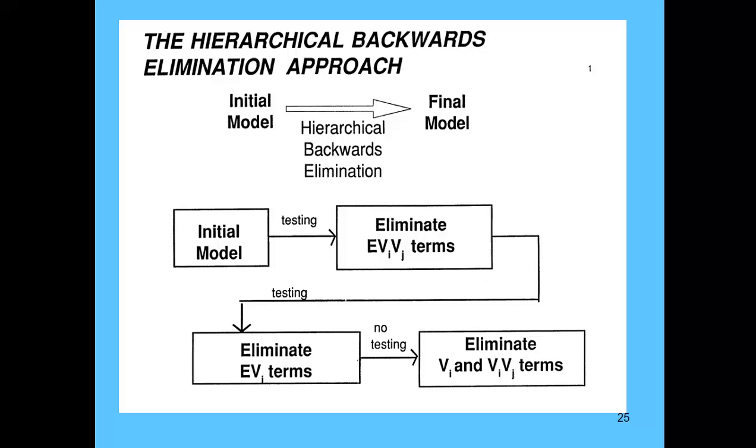So we start with the initial model, and if the initial model has terms as complicated as EVi, EVj terms, those are the terms we want to consider first to eliminate, because they're the highest order terms, the most complicated interactions. Once we do that, the next thing we do... now you could have had EVi, EVj, EVk terms.